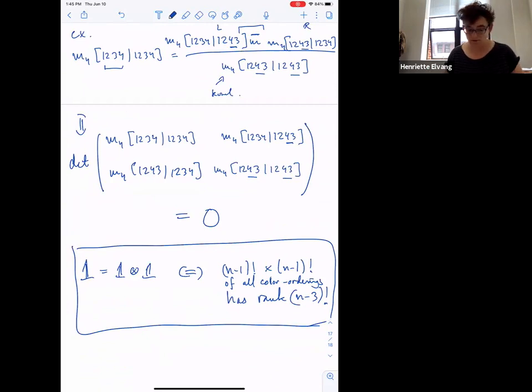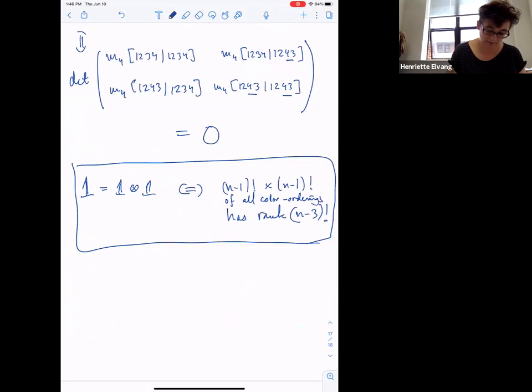All right, so we have seen that the biadjoint scalar theory generates elements that have this property, that the matrix of n minus 1 factorial times n minus 1 factorial of all colorings has rank n minus 3 factorial. But you might ask if there are other choices of the m n amplitudes that have this ordering.